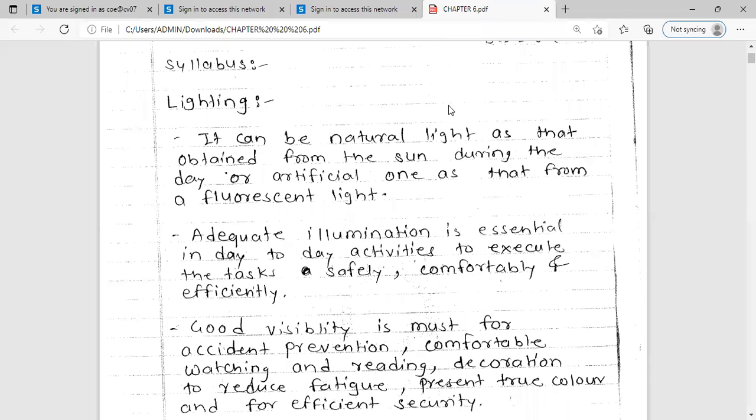On these bases we have to decide its sizes. Already we have covered the ventilation part, in which we also discussed openings, such as windows.